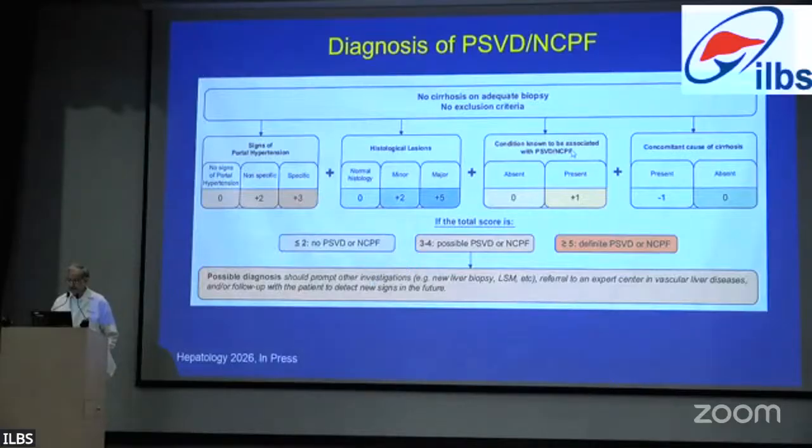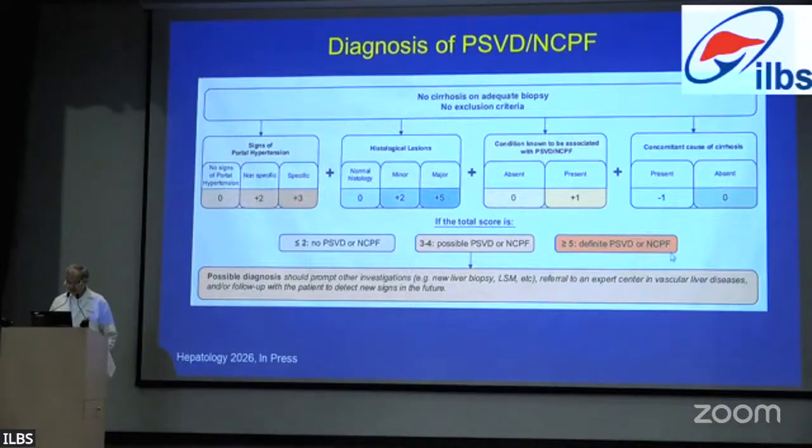You have conditions to be associated with PSVD. Let's say you have autoimmune disease or you have the other conditions, rheumatoid and others, you get 1 mark. And if you have concomitant cause of cirrhosis, for example, PBC or so, you lose 1 mark. So anybody who has got 5 marks is PSVD or NCPF.